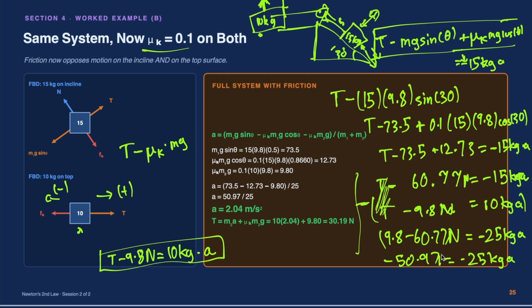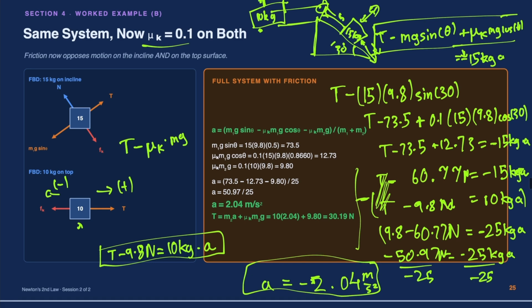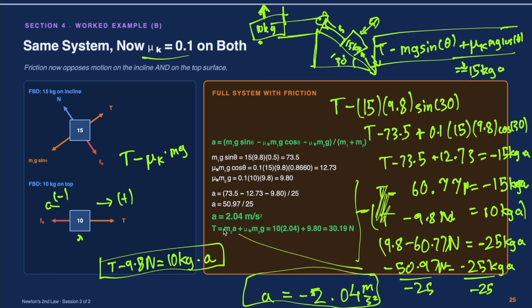And then if you divide by negative 25 on both sides, you should get acceleration is equal to negative 50.97 divided by negative 25, approximately 2.04 meters per second squared. Okay, and I can just substitute this into this equation, and then T is equal to 10 kg times negative 2.04, or I mean it's positive, right?